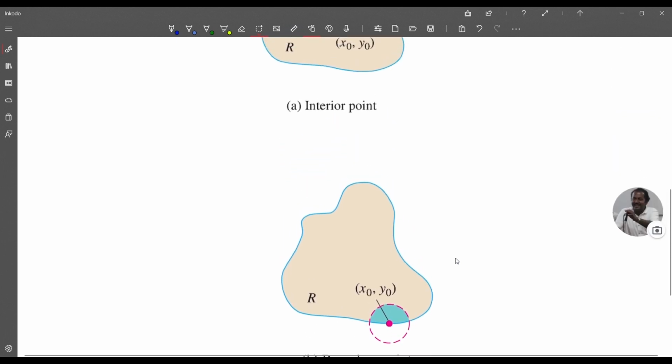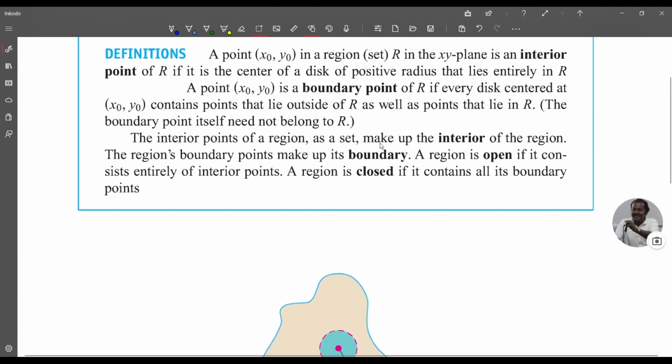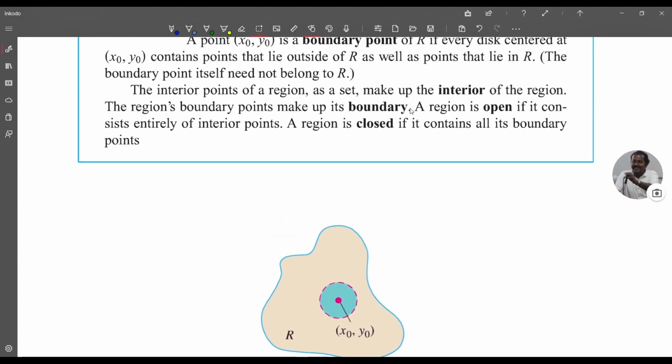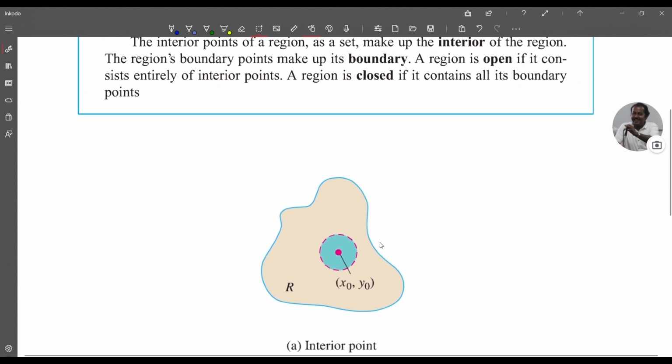Now the set of all interior points of a region R is known as the interior of the region, and the set of all boundary points of the region R is known as the boundary of R. So you consider this region R, the set of all points inside this R is known as the interior of R, and the set of all points on the boundary, this blue curve, is known as the boundary of R. If R contains its boundary, we say that it is a closed region, and if R does not contain its boundary, we say that it is an open region.